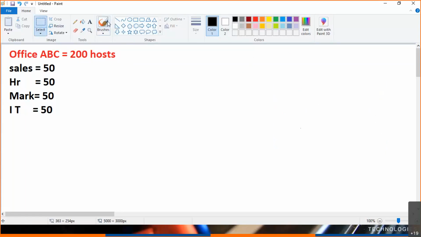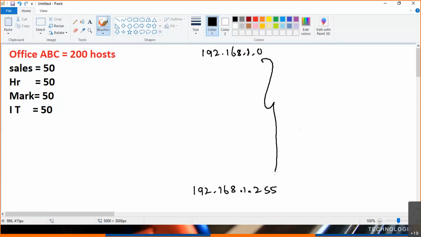For the Class C network, for example, 192.168.1.0 is the network ID and 192.168.1.255 is the broadcast ID. In between, all IP addresses we can make use of.